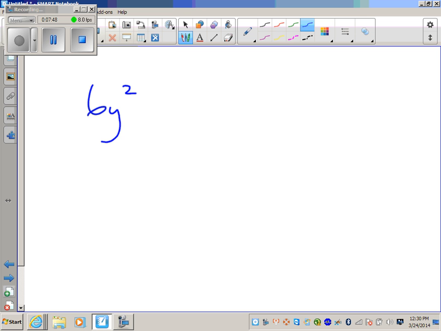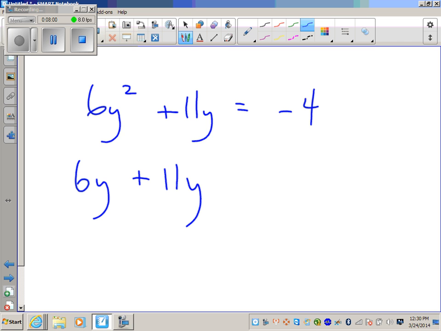Yeah, so we have the 6y squared plus 11y, and it equals -4. But I need it to equal 0, so I'm going to pull this -4 over to the other side by doing the opposite, which is adding. So this is essentially what you're doing, okay? 6y squared, good catch. Okay.